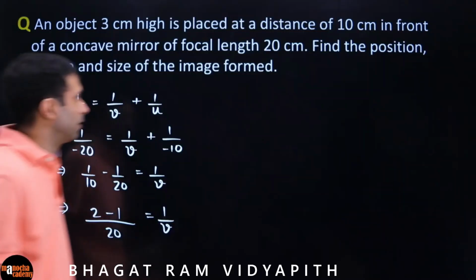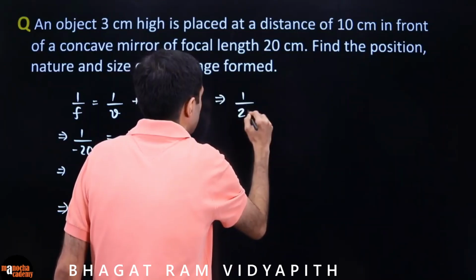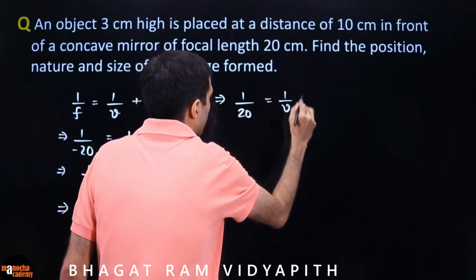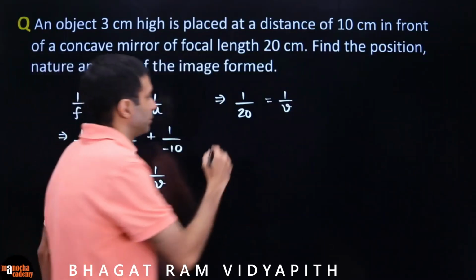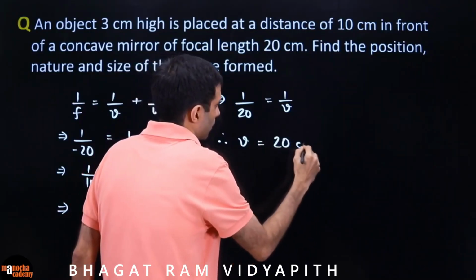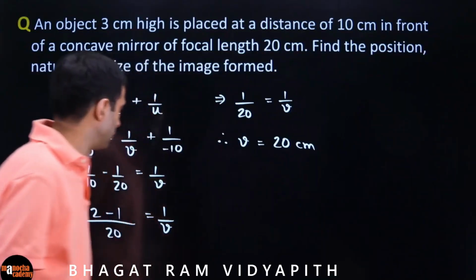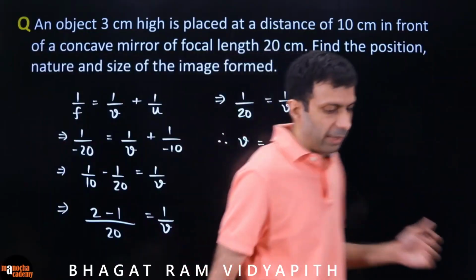So therefore, what do we get here? 1 by 20 is 1 by V. So what is the image distance? 20 centimeters. All of you got this? 20 centimeters.